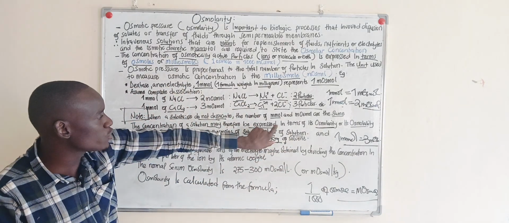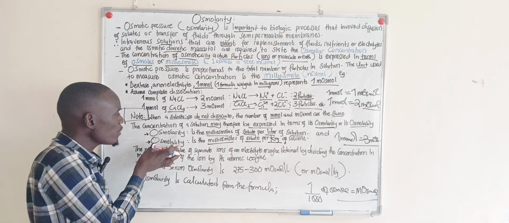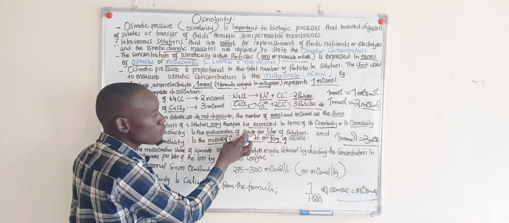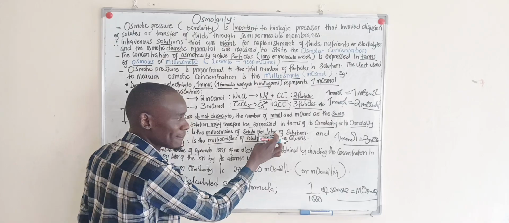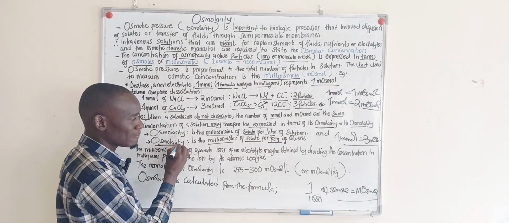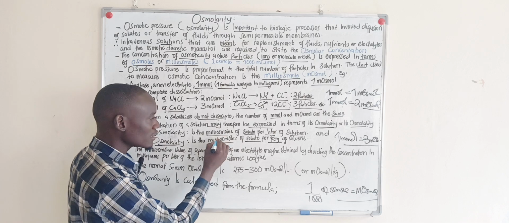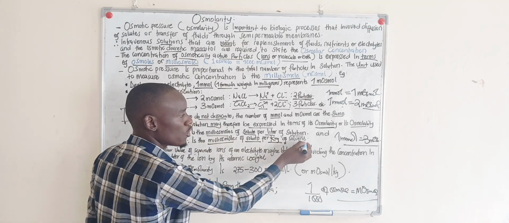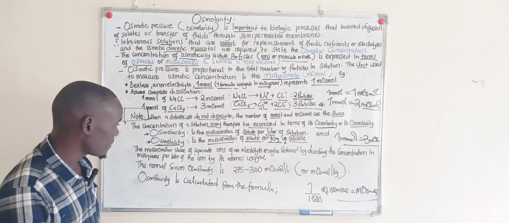The difference between these two is that osmolarity means mOsmols of a solute per liter of solution, but osmolality means mOsmols of a solute per kilogram of the solvent.